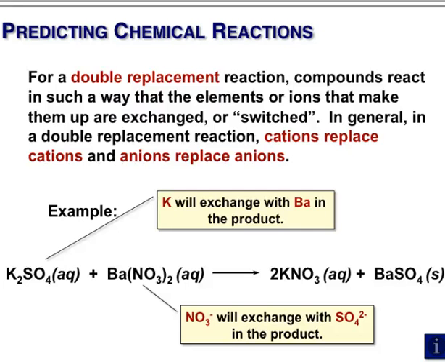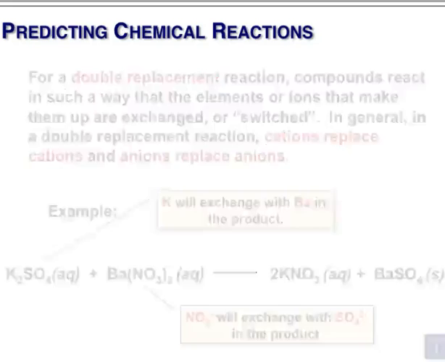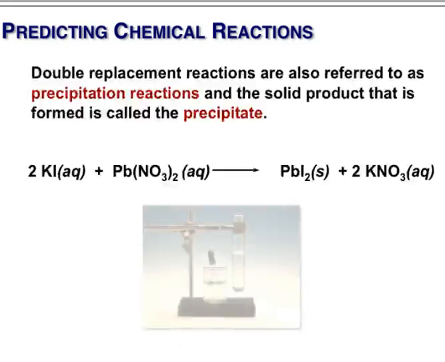We have made solid barium sulfate. In order for a double replacement reaction to go, you must form a solid or a gas. These are also called precipitation reactions.